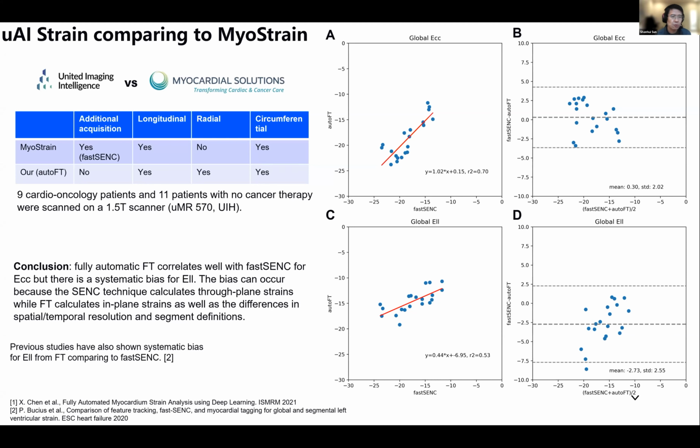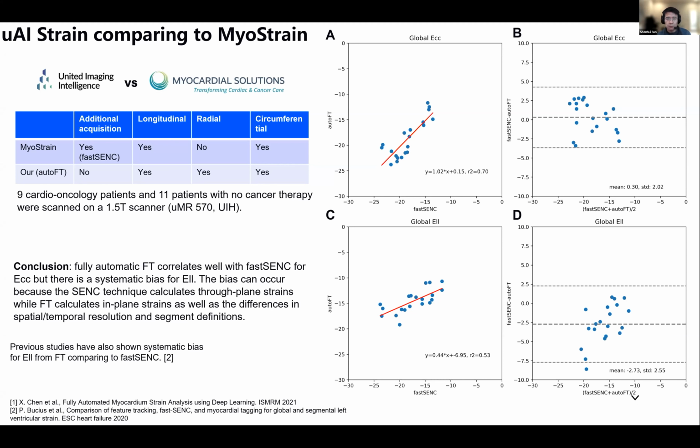Our deep learning-based method does not need additional acquisition. We directly utilize the Cine. Our solution could provide longitudinal, radial, and circumferential strain, from these three directions. In our experiment, we include 9 cardio-oncology patients and 11 patients with no cancer therapy.